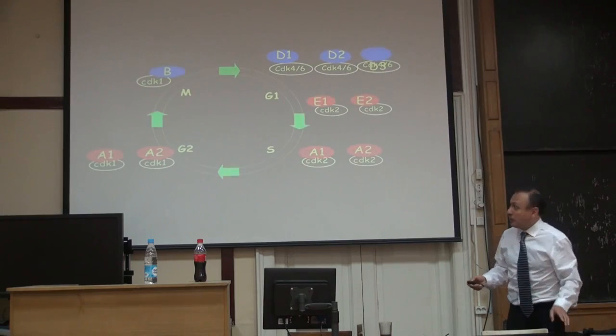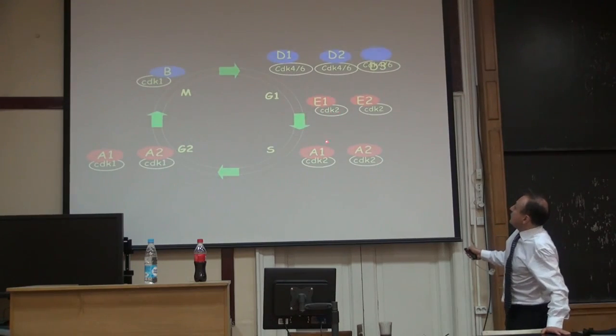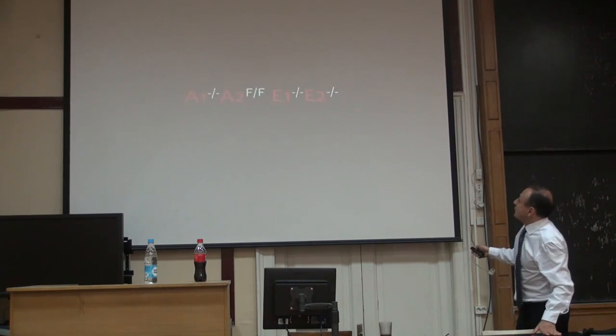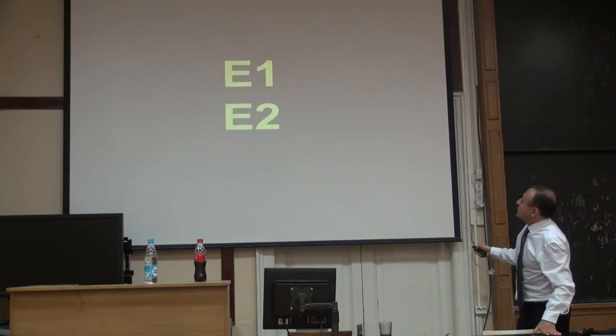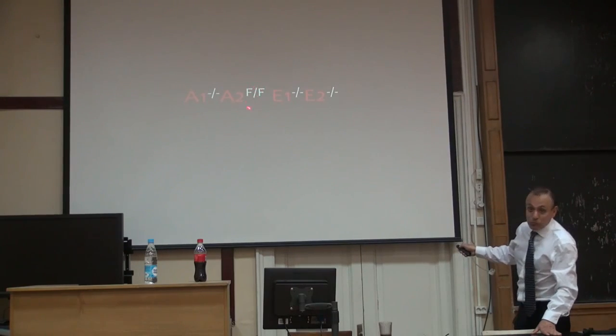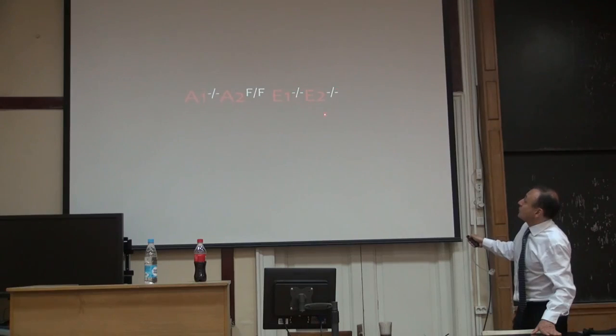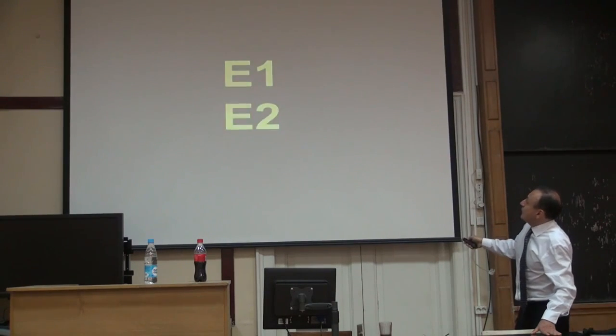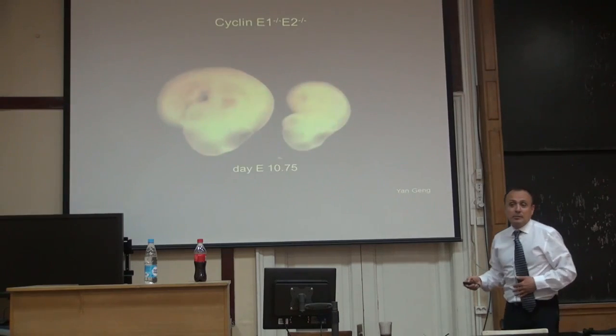But it's a difficult experiment, because that's what you want us to do, right? You have A1 knockout, A2 floxed, which we are going to delete, E1 knockout, E2 knockout. But I just told you that just this E1, E2 knockout is embryonic lethal.